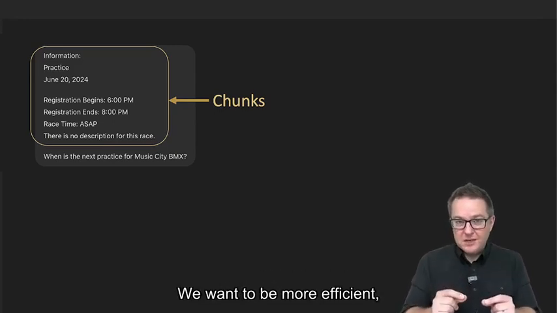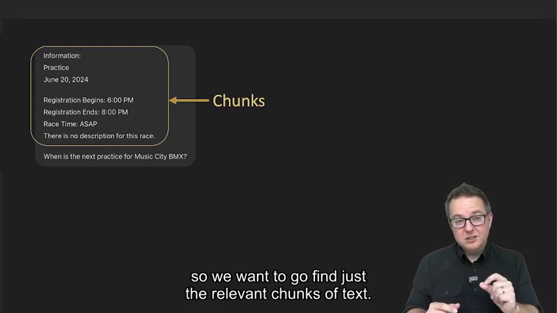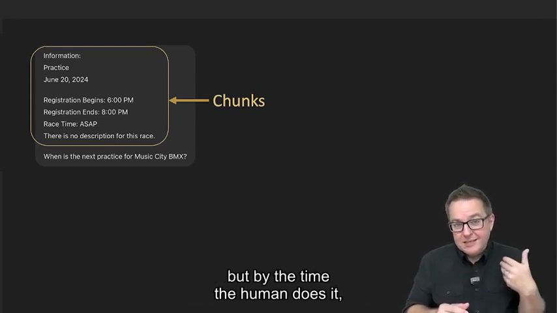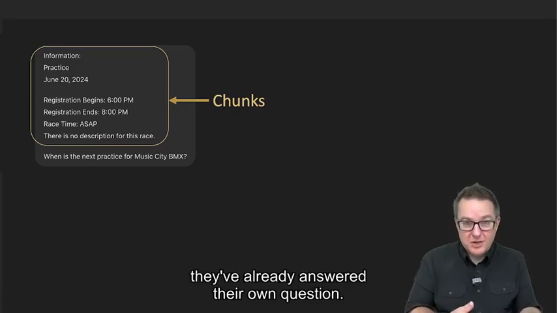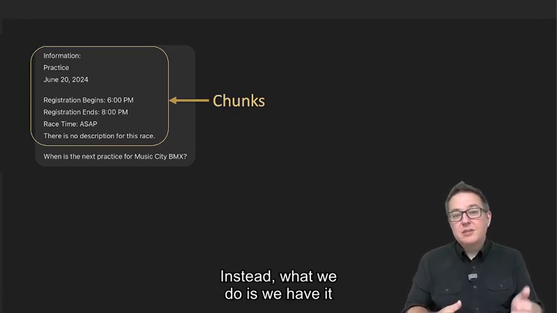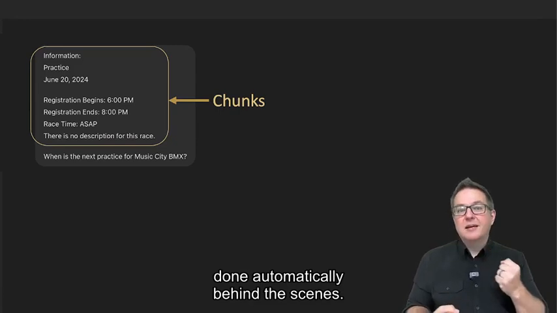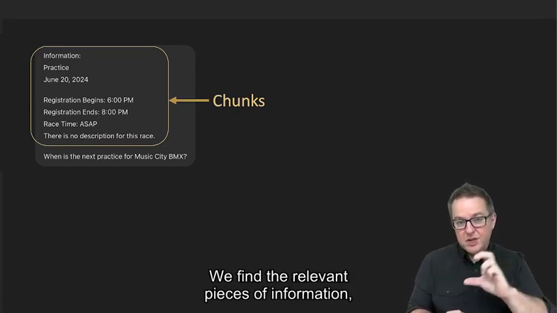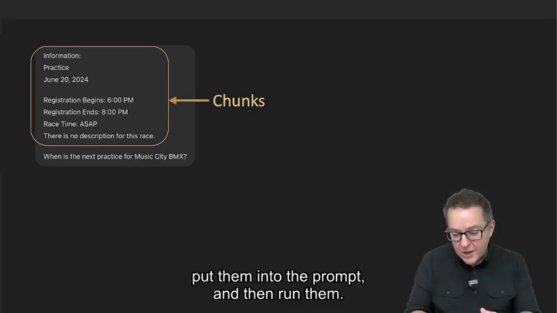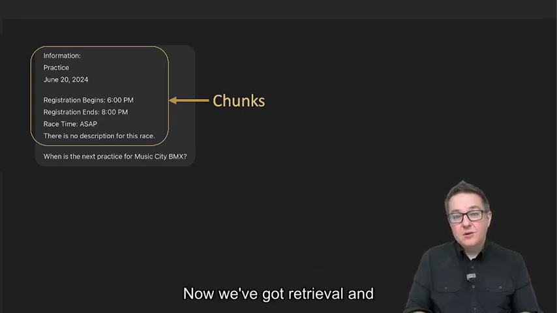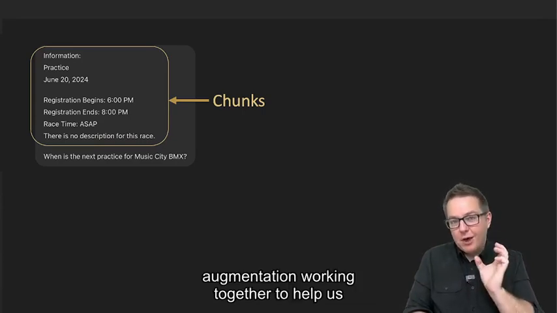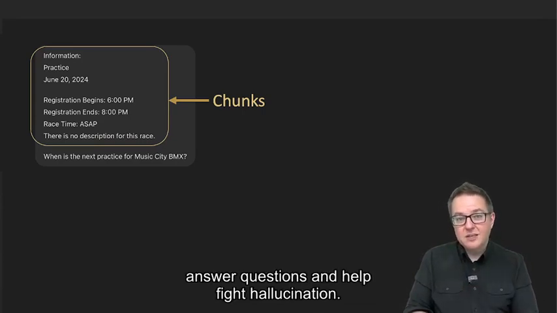We want to be more efficient. So we want to find just the relevant chunks of text. Now, we can have the human do that, but by the time the human does it, they've already answered their own question. So instead, we have it done automatically behind the scenes. We find the relevant pieces of information, put them into the prompt, and then run them. And now we've got retrieval and augmentation working together to help us answer questions and help fight hallucination.